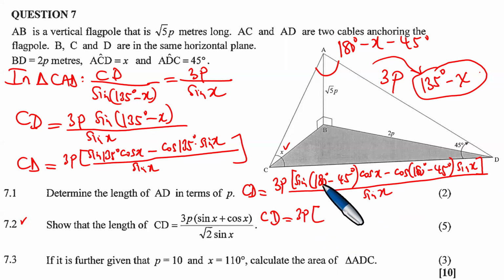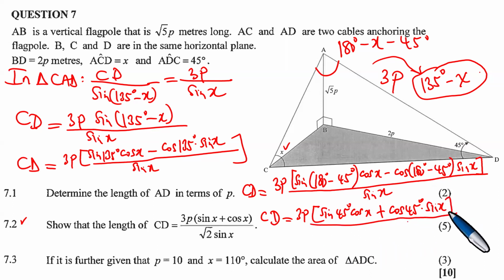3p. Right, 180 degrees minus an angle is in the second quadrant, where the sine is positive, and this gives us the sine of 45 degrees cosine X. 180 degrees minus 45 gives us an angle in the second quadrant where the cosine is negative, but there's another negative which is going to be plus the cosine of 45 degrees, the sine of X, all divided by the sine of X, like so.